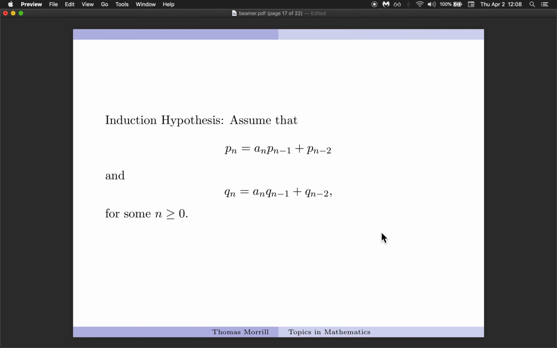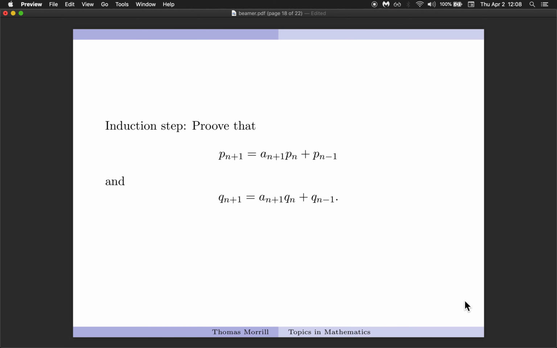Does that actually work? It does. So I'm going to assume this holds for some n, and I'm going to prove that the formula holding for the previous n means that it must be true for the next n as well. The induction hypothesis is always a pretty small step, but it's very important to state your assumptions in this kind of proof.